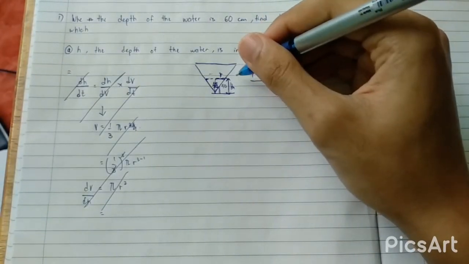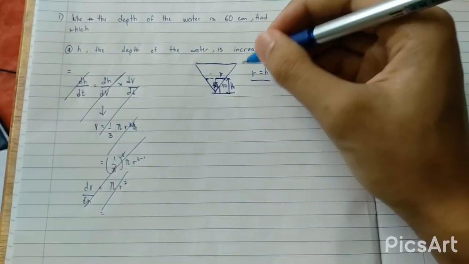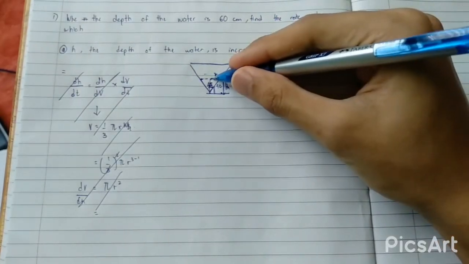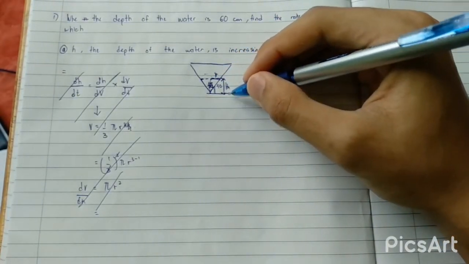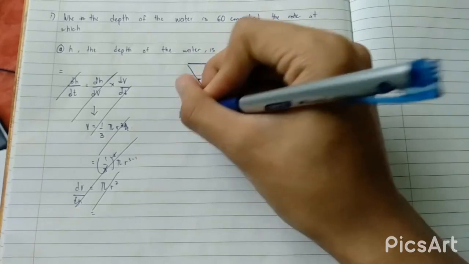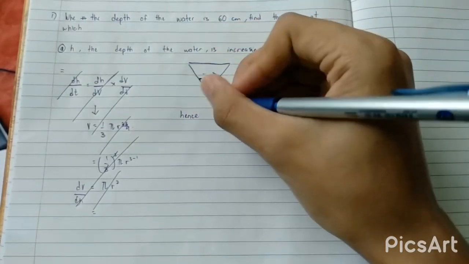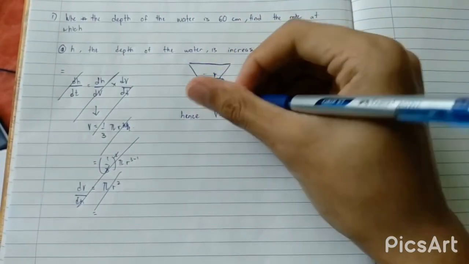Hence we can say V is equal to 1 over 3 pi r cubed, but we need to find dh over dt.